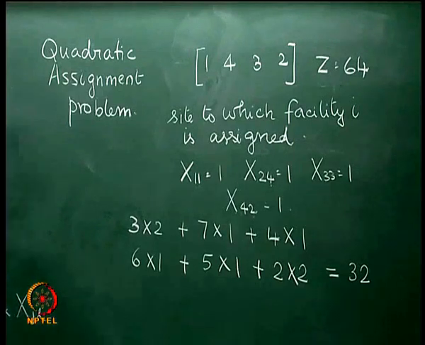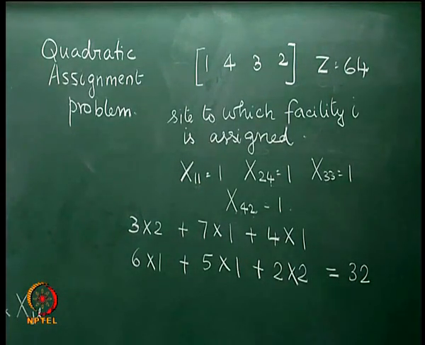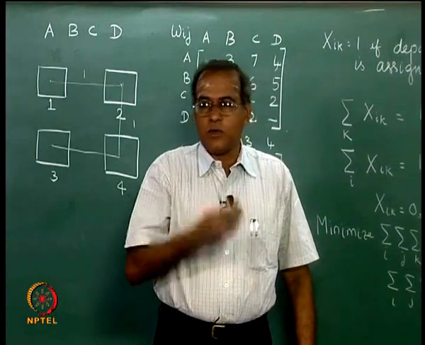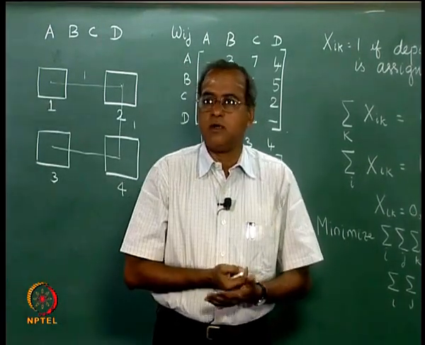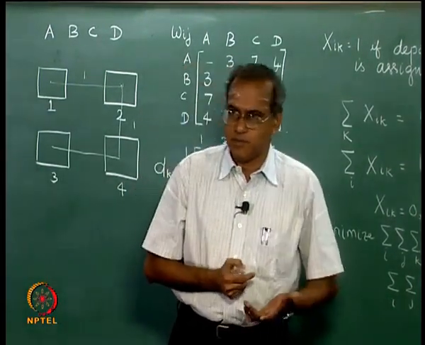So, the solution of course can be found out using a solver or by using several known algorithms to solve the quadratic assignment problem, and there are very efficient algorithms which work on the principle of branch and bound.